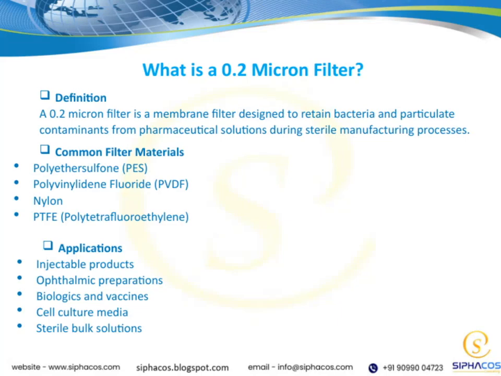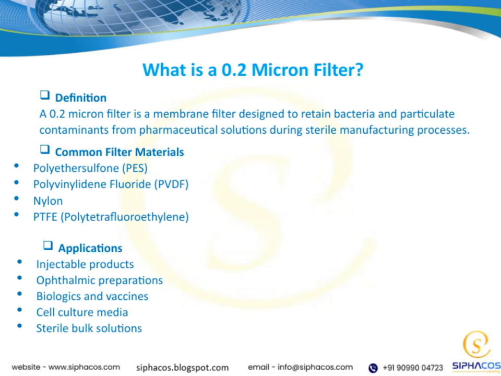Now, let's take a closer look at some key applications of filtration in the pharmaceutical industry. These include injectable products, ophthalmic preparations, biologics and vaccines, cell culture media, and sterile bulk solutions. Each of these areas requires stringent sterilization to ensure safety and efficacy.